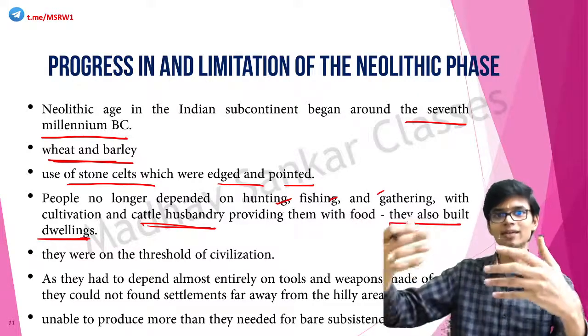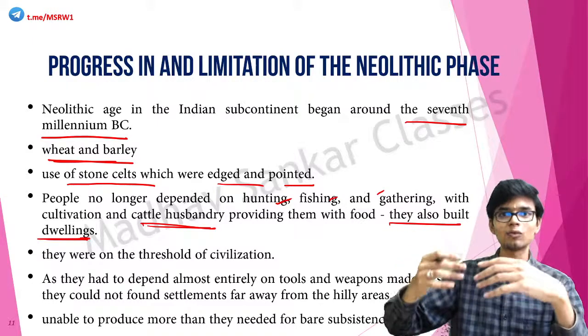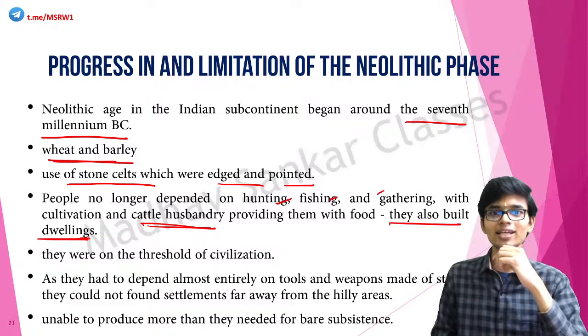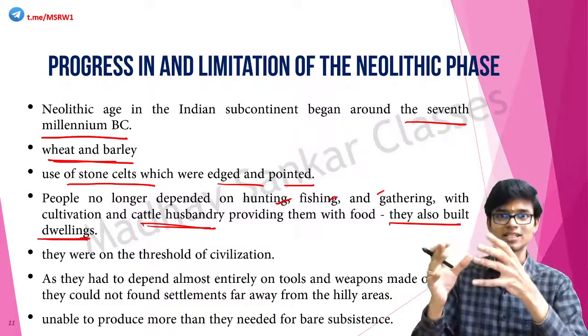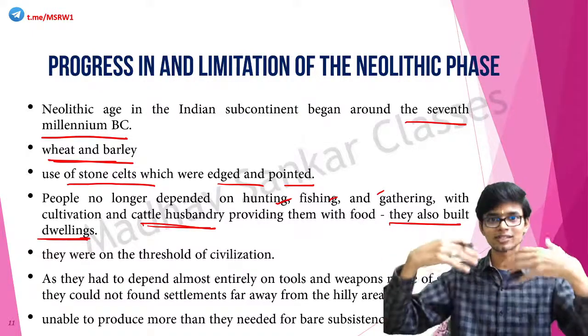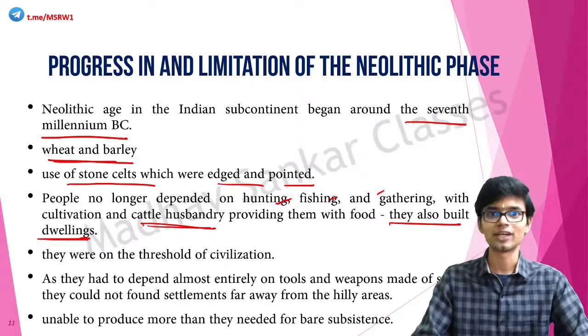By the time of later Neolithic period, man was on the verge of civilization, and we will very soon see that all this evolution eventually culminated in setting up of the first civilization of India, that is Indus Valley civilization.